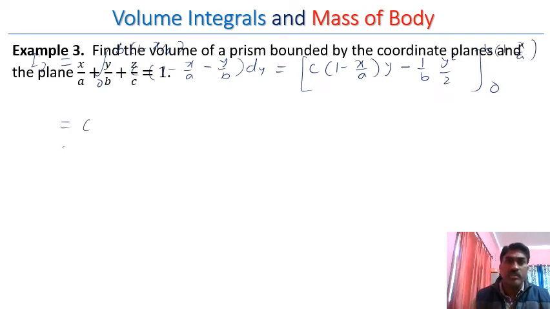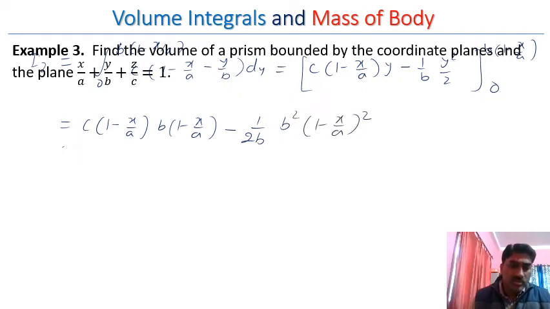So this becomes c times (1 minus x by a) into b times (1 minus x by a) minus 1 by 2b times b square (1 minus x by a) whole square. So just simplify it and you will get 1 by 2 bc (1 minus x by a) whole square.